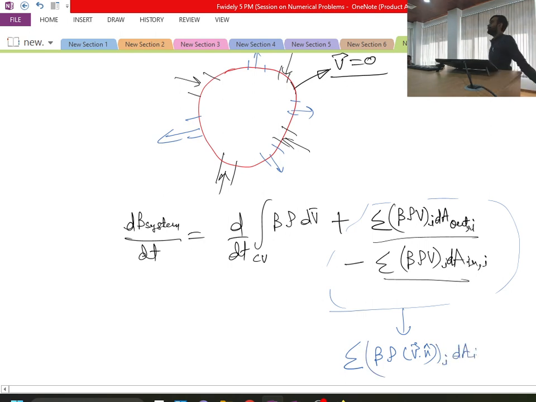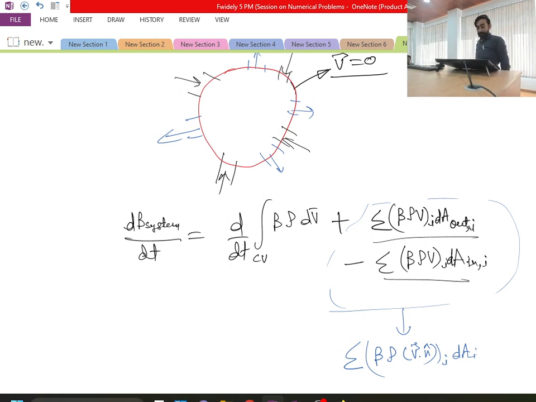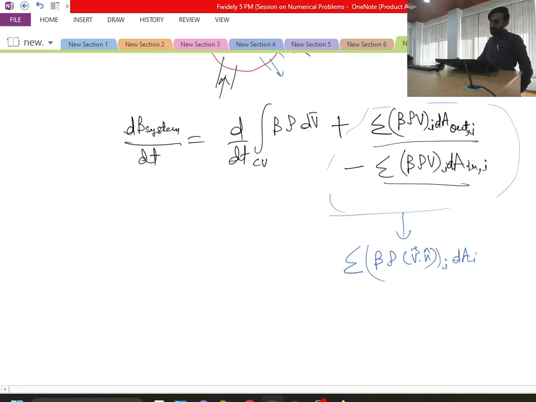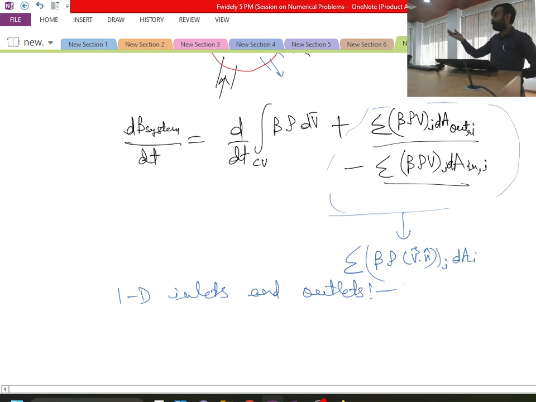So this will be taking care of the plus and minus. Now if I have 1D inlets and outlets, what is the meaning of 1D inlets and outlets? We do this in thermodynamics. What is the meaning of 1D inlets and outlets?